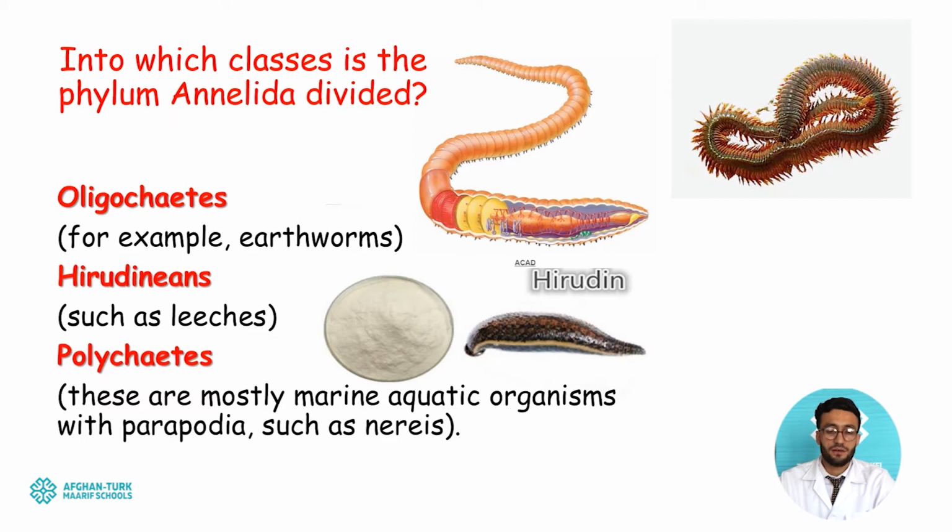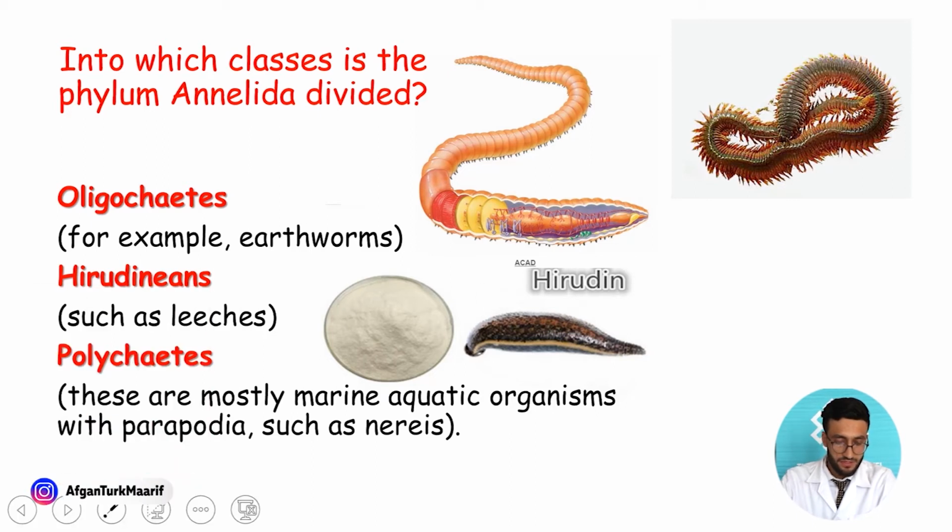So let's talk about the classes of annelids. Mainly we can divide the annelids into different classes. The first class of the annelids is the oligochaetes, for example the earthworms. As you're seeing, the body is covered with small bristles, which the animal uses for locomotion or to change its place.